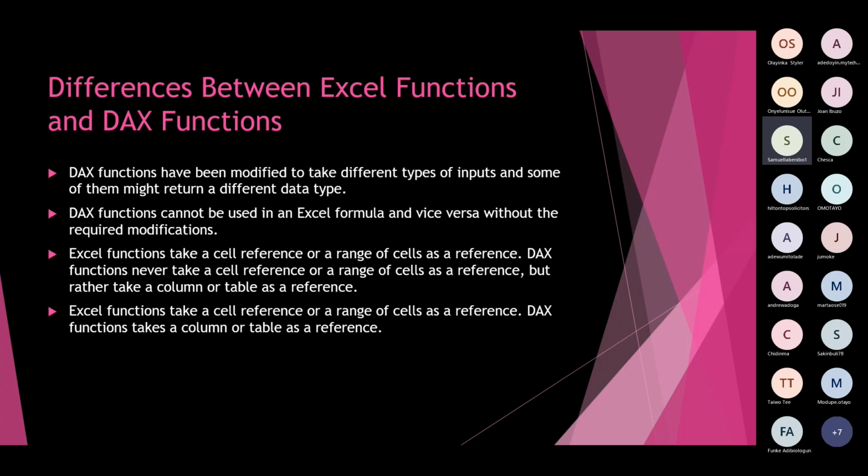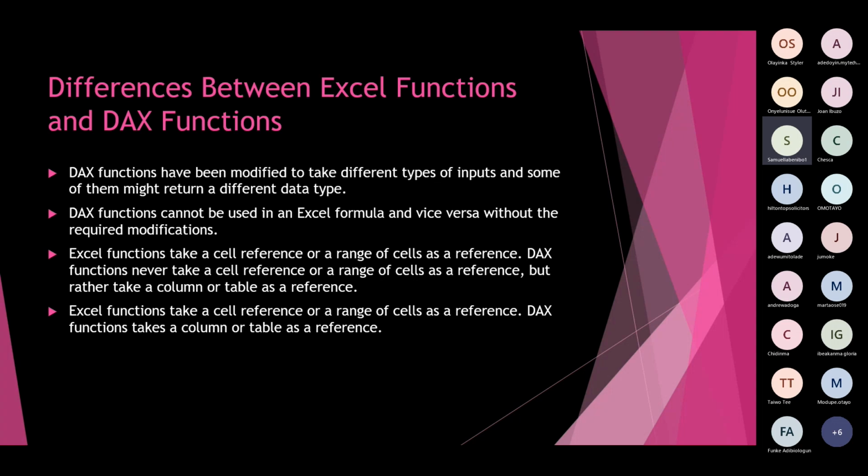So now let's talk about the differences. The major difference is DAX functions have been modified, and they can take different types of inputs, otherwise known as variables. Most of the time, they may return a different data type. So what we're trying to say is that Power BI DAX is an upgrade of Excel functions.